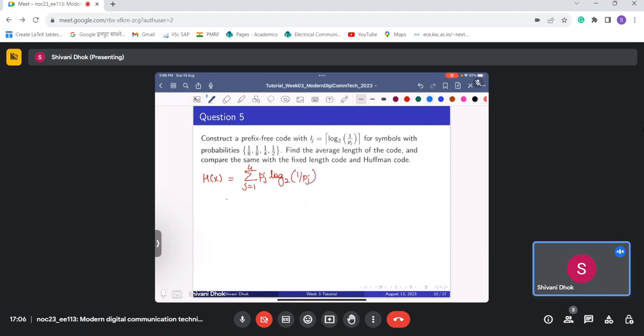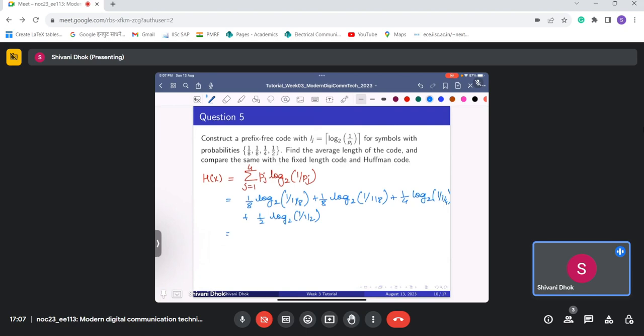So this comes out to be 1 by 8 log to the base 2 of 1 upon 1 by 8 plus 1 by 8 into log to the base 2 of 1 divided by 1 by 8 plus 1 by 4 log to the base 2 of 1 upon 1 by 4 plus 1 by 2 log to the base 2 of 1 divided by 1 by 2.